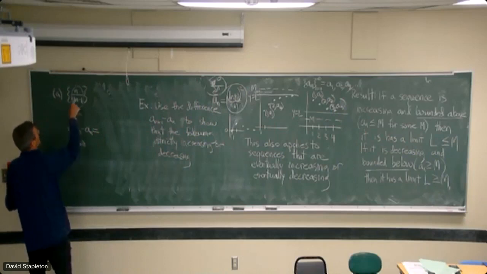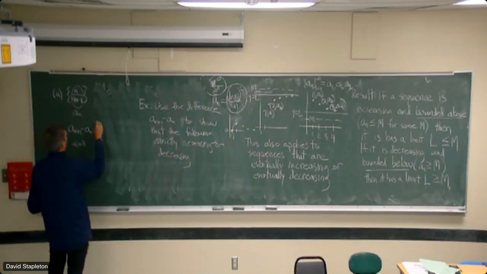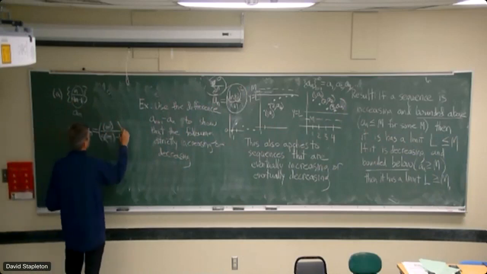Everywhere you see n, you replace it with parentheses and put n plus 1 in. So it's (n plus 1) over 4(n plus 1) minus 1, which is a_{n+1}. Then you subtract from it what you see, n over 4n minus 1.